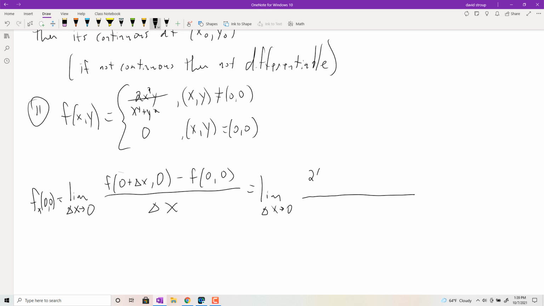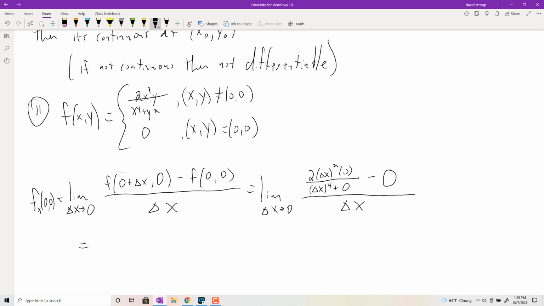Well, you have 2 times change in x squared times 0 all over change in x to the 4th plus 0, and then minus f of (0, 0). Plugging (0, 0) into this function, you just get 0.